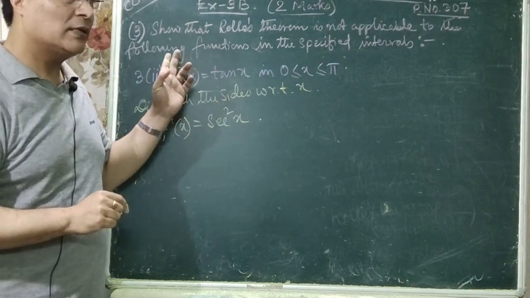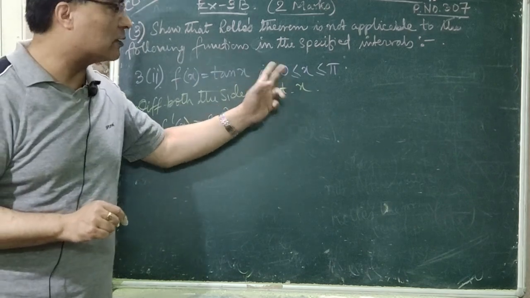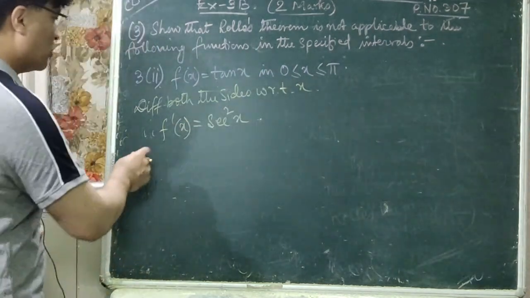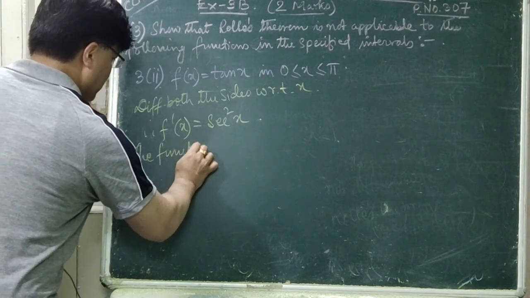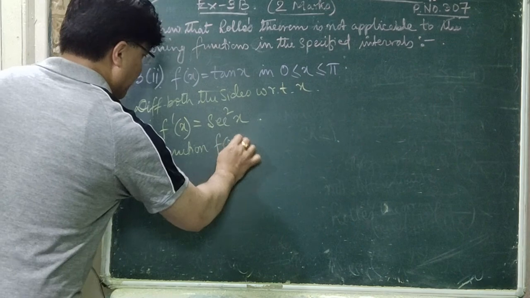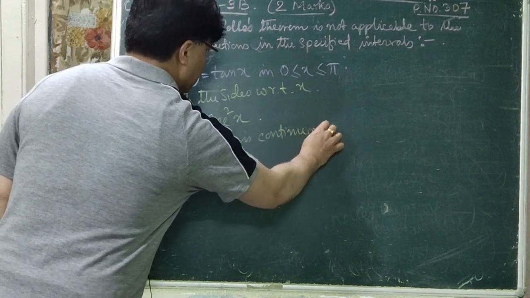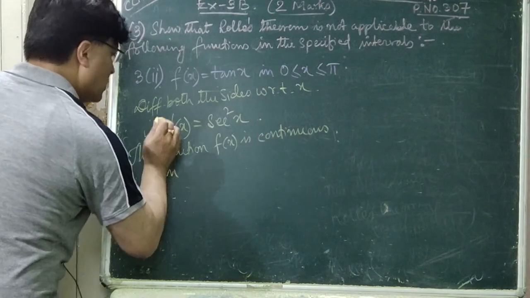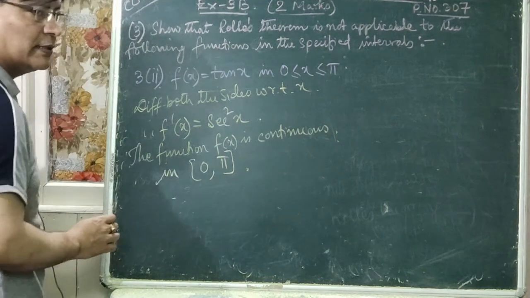So likewise, this function f of x is equal to tan x is continuous in the closed interval 0 less than or equal to x less than or equal to pi. Therefore the function f of x is continuous in the closed interval, that is 0 comma pi, right?